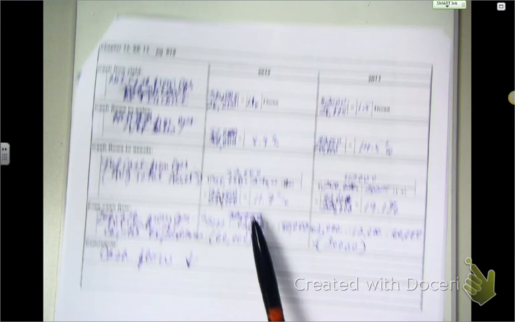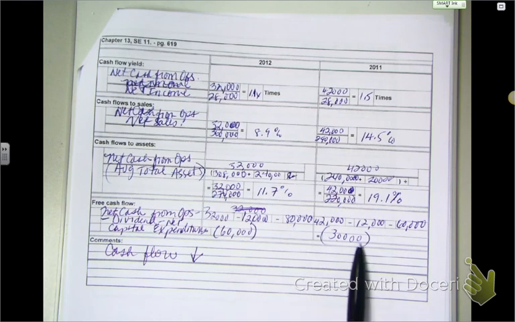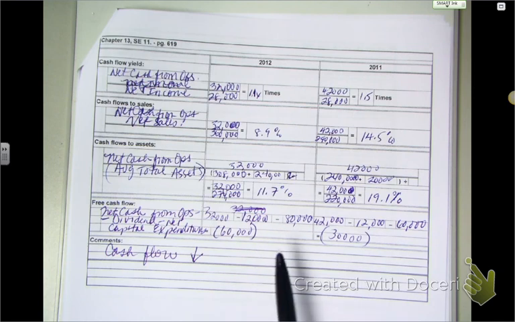And in both of these years we had negative numbers, but in 2012, it got even worse. The negative free cash flow explains, in part, the increases in liability shown in the analysis in a previous problem.